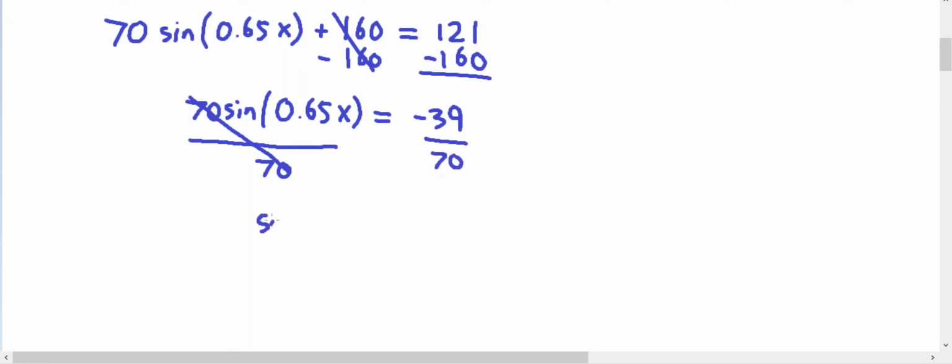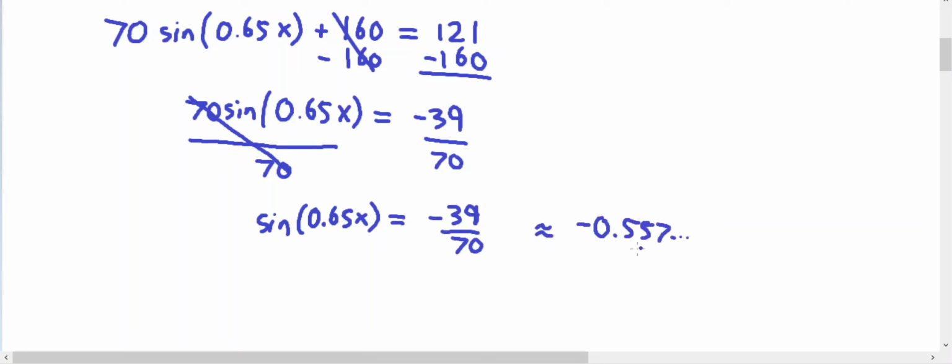And so we have sine of 0.65x is equal to negative 39 over 70, which is approximately equal to negative 0.557 with some decimals.